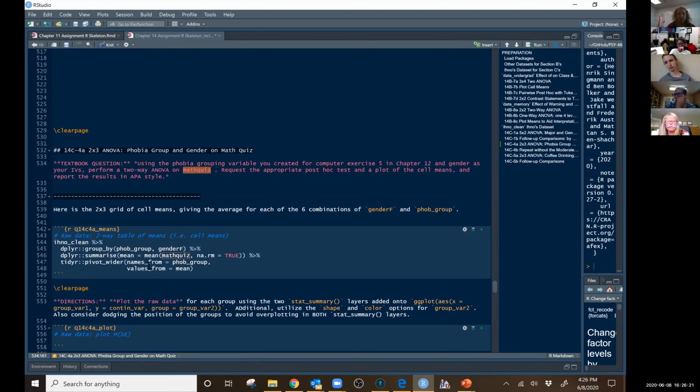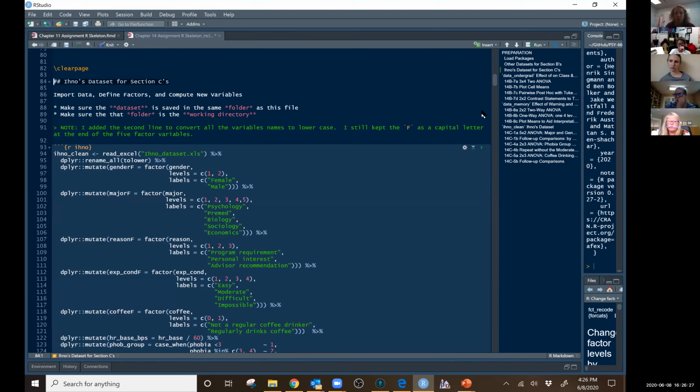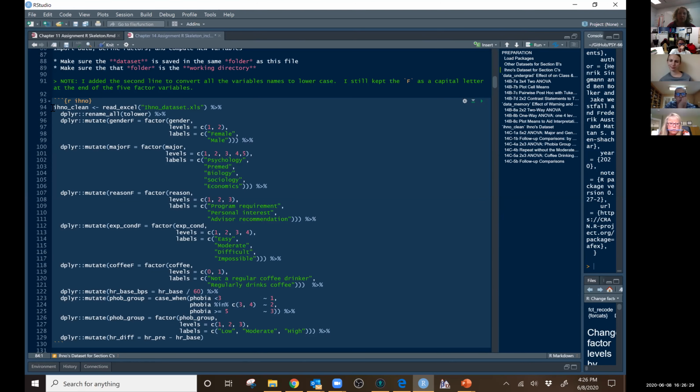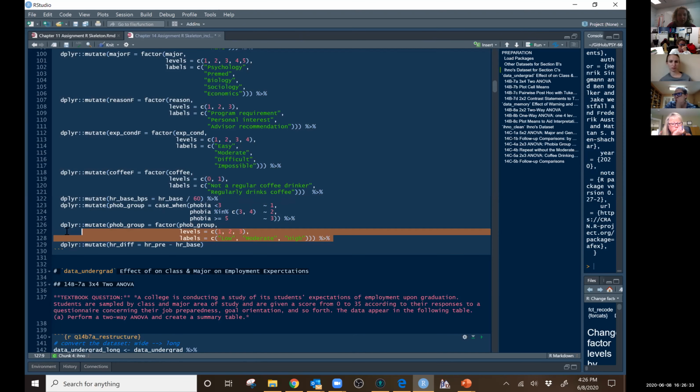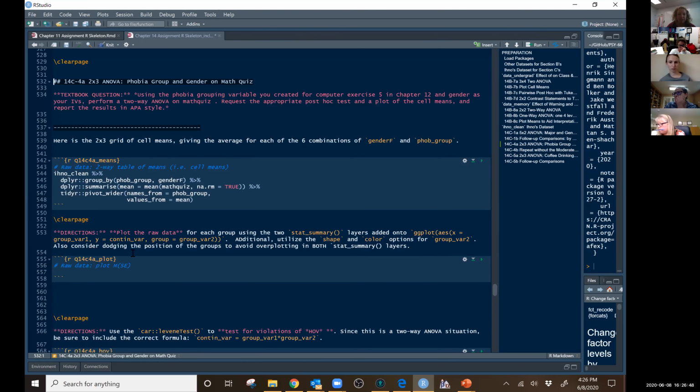If you go up to the top where there was the clean data, here's the phobia grouping variable. I already put it here. I said if phobia is less than 3, 3 or 4, or 5 or greater. So I've already created the phobia group variable for you, so it exists in here.